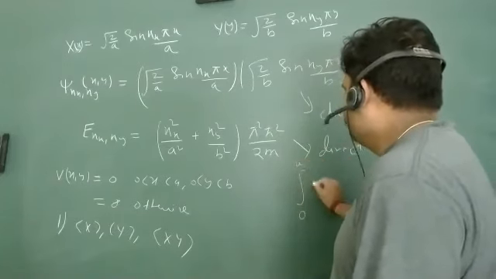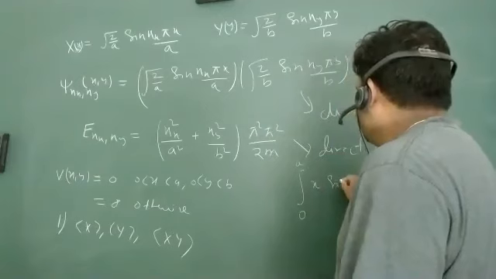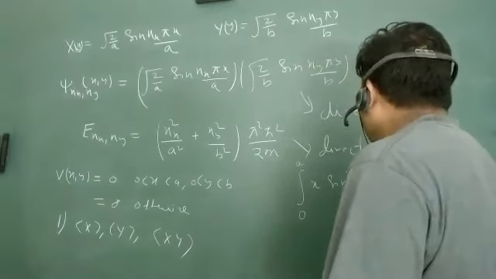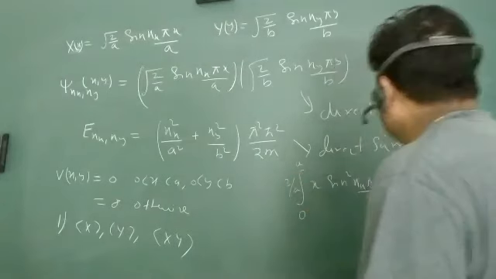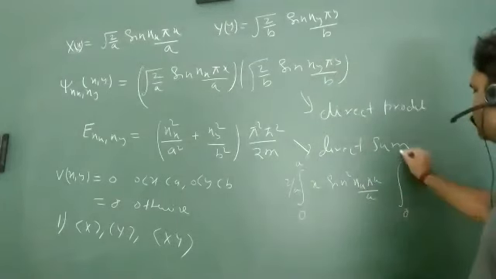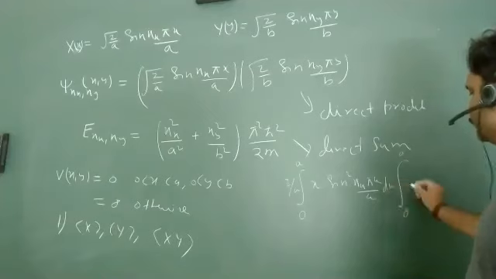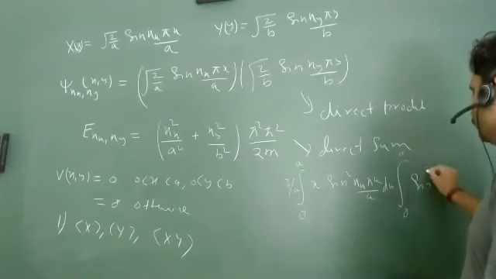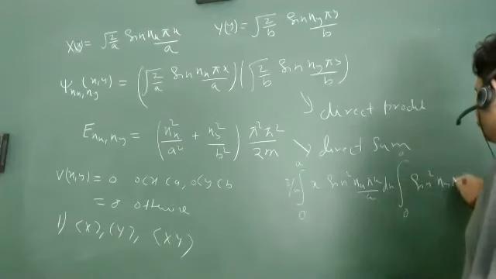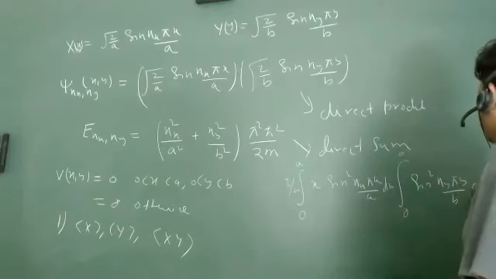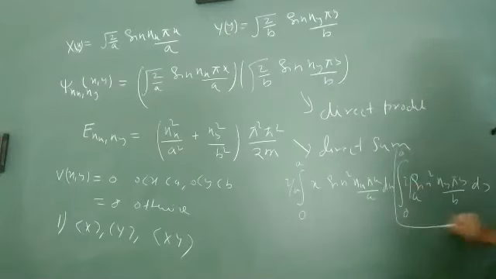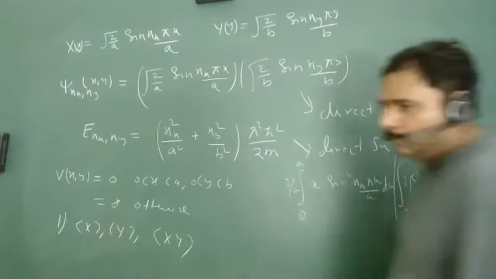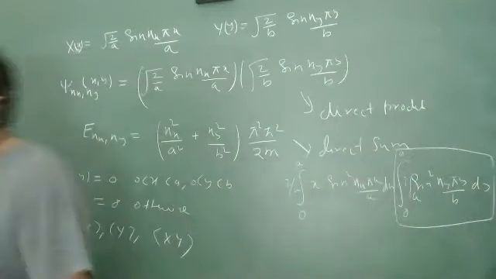Integral 0 to a of x sine square nx pi x upon a, 2 by a, into the integral of sine square ny pi y upon b dy, 2 by b. What is this integration? Can anybody tell me? 1. Very good.